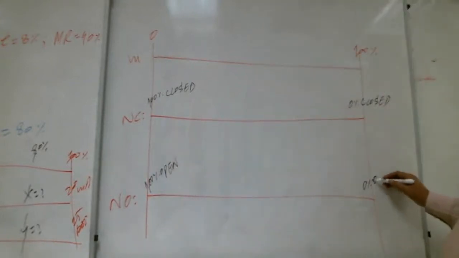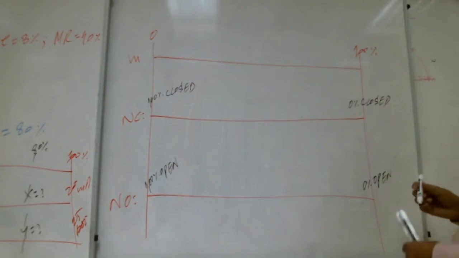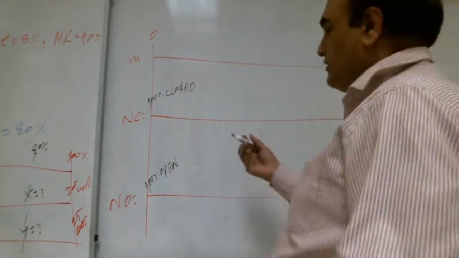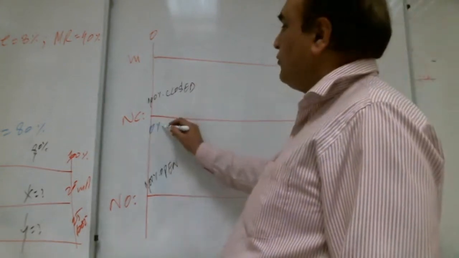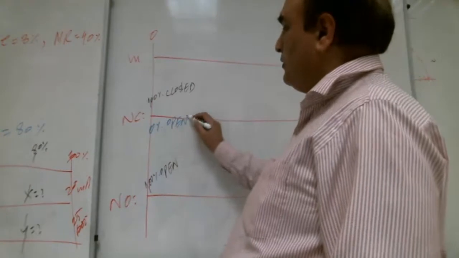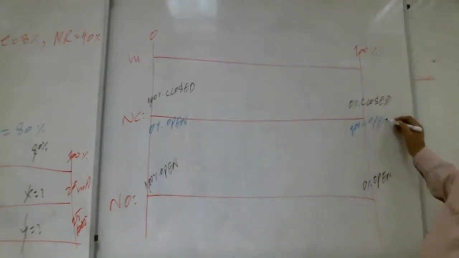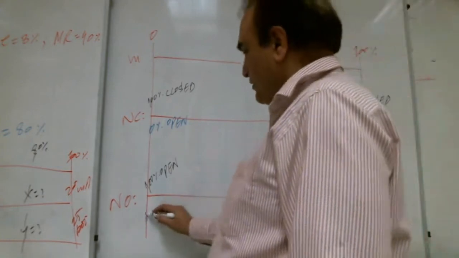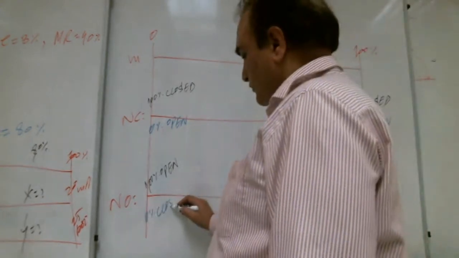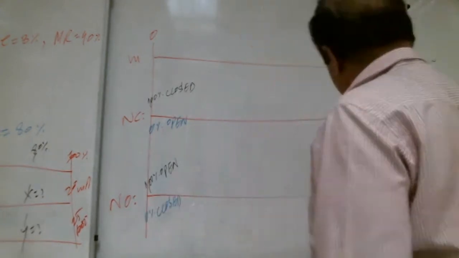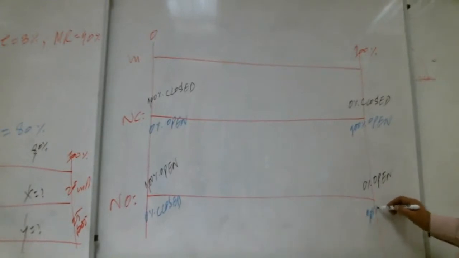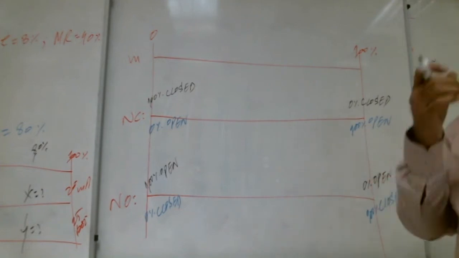For the normally open valve, here it is 0% closed, and here 100% closed. So now we need to know how much it is open.